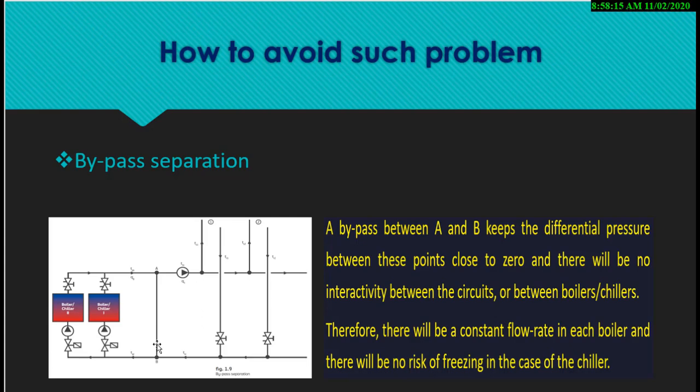A bypass between A and B keeps the differential pressure between these points close to zero, and there will be no interactivity between the circuits or between the chillers. Therefore, there will be a constant flow rate in each boiler, and there will be no risk of freezing in case of the chiller.